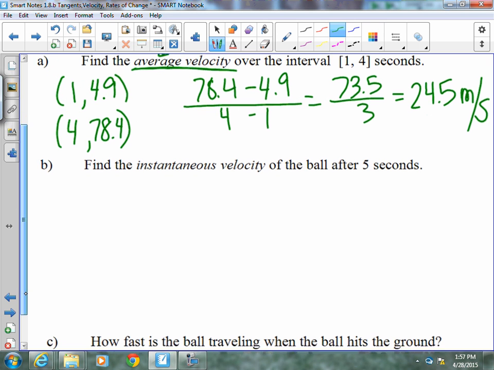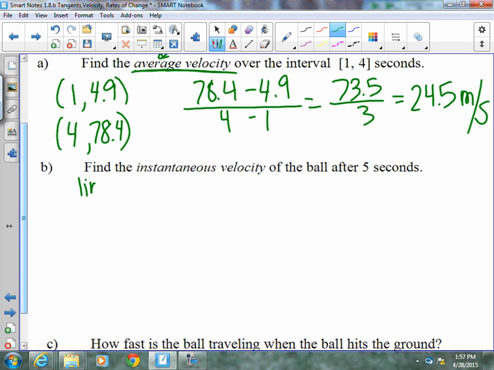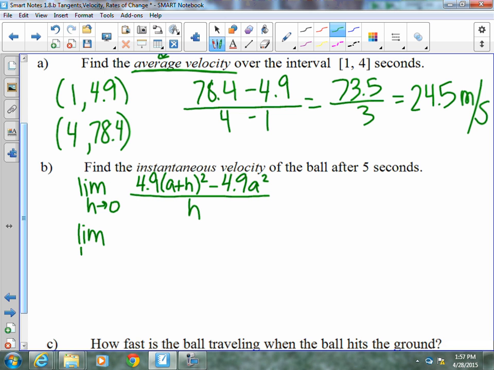Instantaneous velocity is a little different, remember? It's going to be the limit as h approaches 0 of our difference quotient. Our difference quotient is f of a plus h, so 4.9 times (a plus h) squared, minus f of a, 4.9 a squared, divided by h. Now if I do a little math here, I'm going to simplify this all at once.